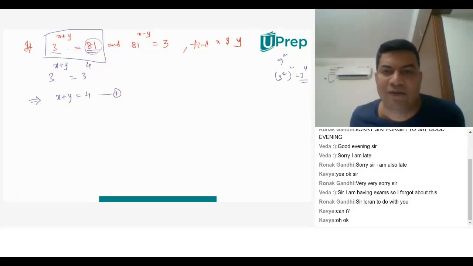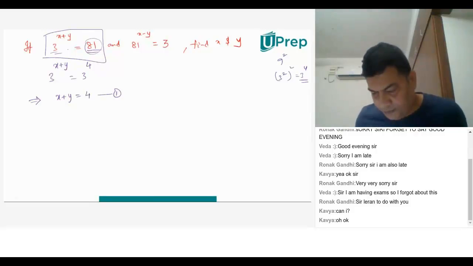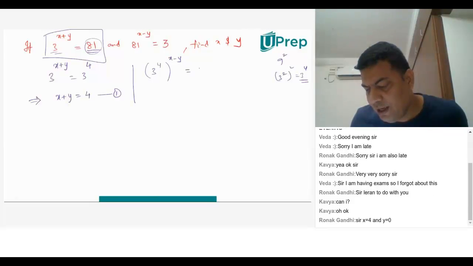Wonderful. Go ahead, Kavya. Then we know that on that side 81 is 3 to the power of 4. So we can write that as 3 to the power of 4 whole to the power of x minus y. Wonderful. That should be equal to 3 to the power of 1. Right? So 4 times x minus y is equal to 1.